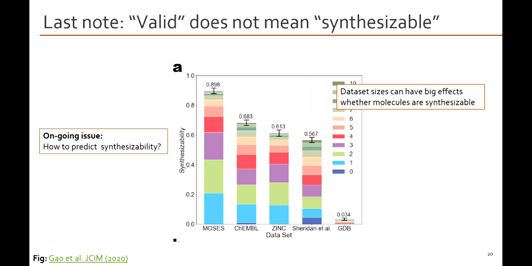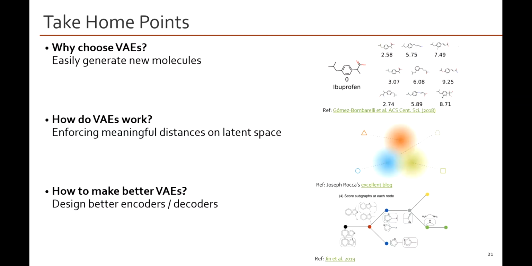So with that asterisk, that wraps up our lecture for today. The three things I want you to be able to take home is: variational autoencoders give us an ability to take an existing molecule, make small changes to it by, say, taking this molecule and encoding it as numbers in a coordinate system.